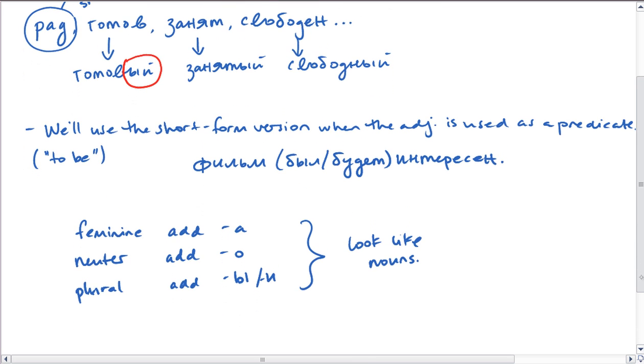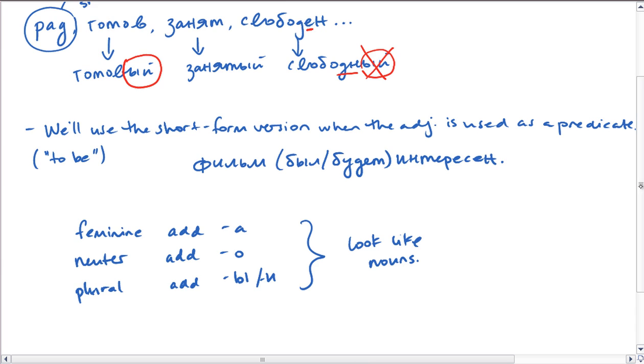There are some exceptions or rules that you have to pay attention to. Up here, свободен is an example. So свободный, if we were to get rid of this ending, we now have a cluster of consonants. So we're going to insert an е, свободен.